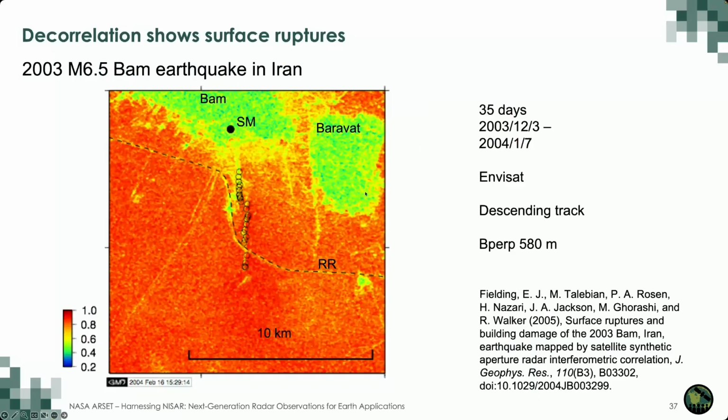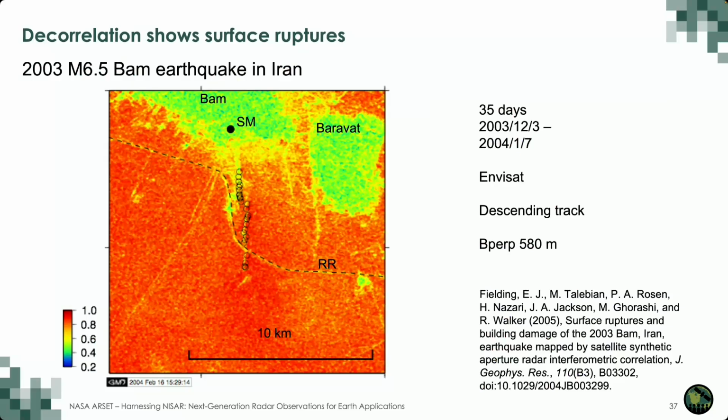But then there was an adjacent town over here called Baravat, and this is almost entirely date palms. So it's vegetation. And this low coherence over Baravat is due to vegetation, whereas a lot of this low coherence over Bam is due to actual destruction of the buildings.